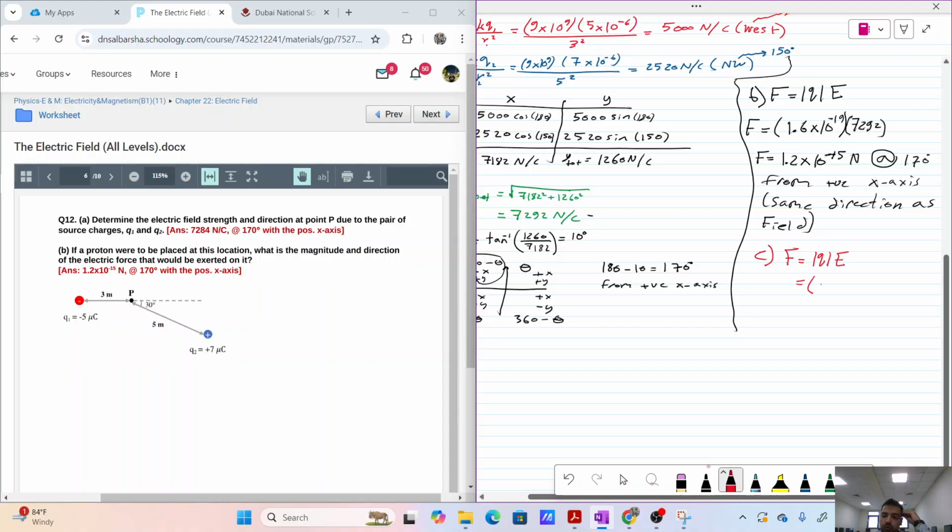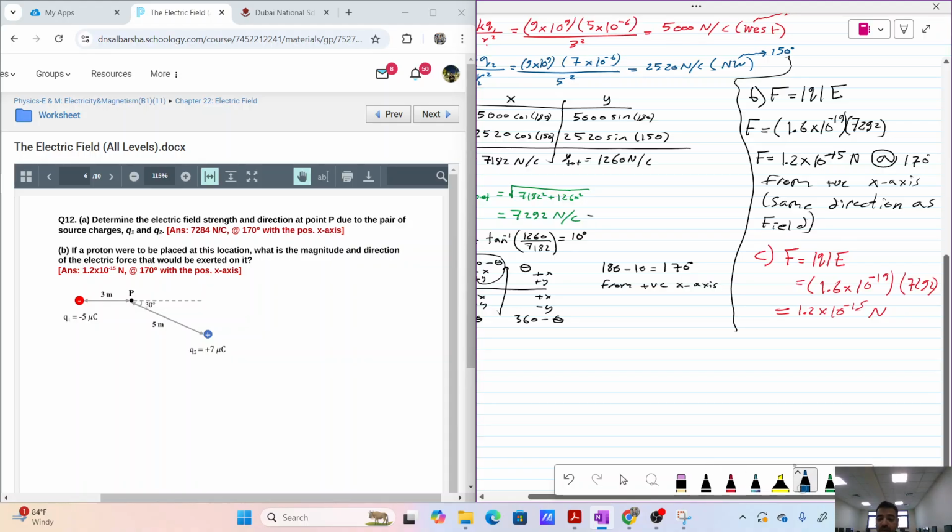Since we have absolute value, we write it as 1.6 times 10 to the power minus 19. Then we multiply it by the electric field, 7,292, and it's equal to the same value, 1.2 times 10 to the power minus 15 newtons. Now we need to find the angle.